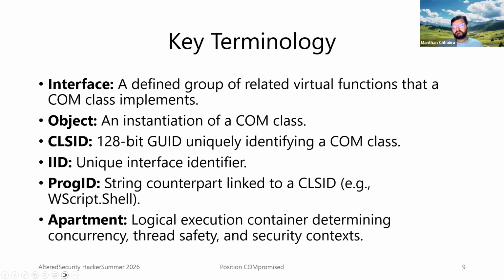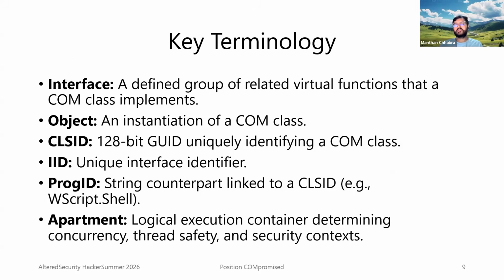Now, there are a couple of key terminologies that we need to discuss before we dive deeper into the COM activation flow, or its execution flow. The first thing is interfaces. As I discussed, COM servers are essentially DLLs and executables which expose functionality behind the scenes. These functionalities are exposed through interfaces, and an interface is a defined group of related virtual functions which a COM class implements.